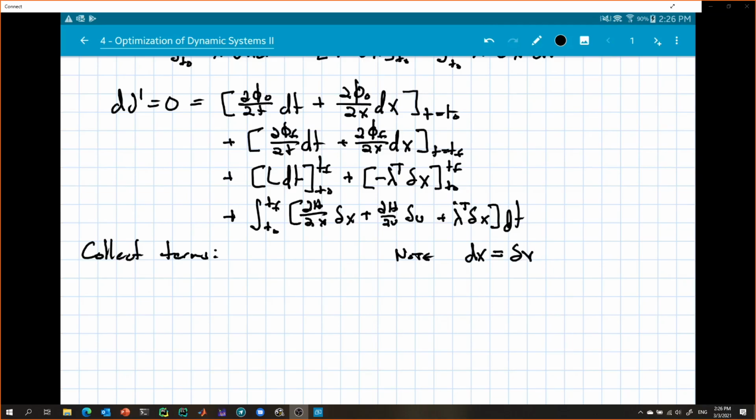If you remember, the differential in x is the variation in x minus x dot dt. So then we arrange to solve for the variation. So we get the variation is equal to, plus, this is a plus, and when we rearrange it, we get dx minus x dot dt. So we're going to use that and plug it in where the variation in x appears.